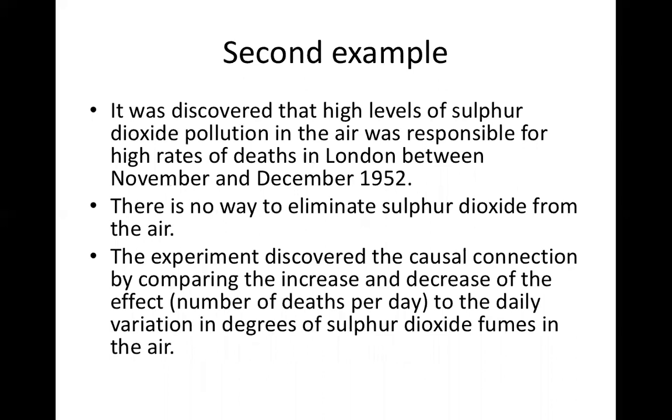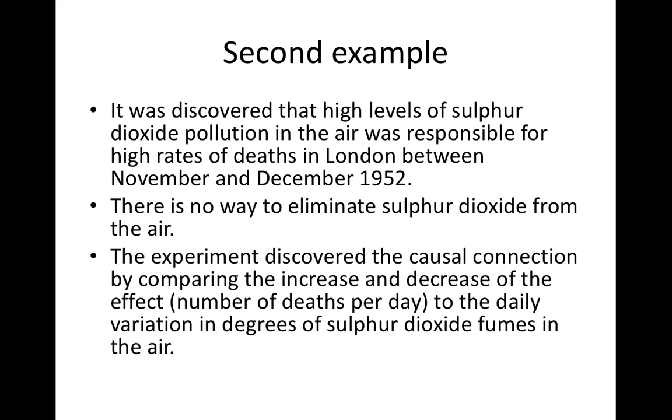Second example, it was discovered that high levels of sulfur dioxide pollution in the air was responsible for high rates of deaths in London between November and December 1952. There's no way to eliminate sulfur dioxide from the air, but the experiment discovered the causal connection by comparing the increase and decrease of the effect, which is the number of deaths per day, to the daily variation in degrees of sulfur dioxide fumes in the air.